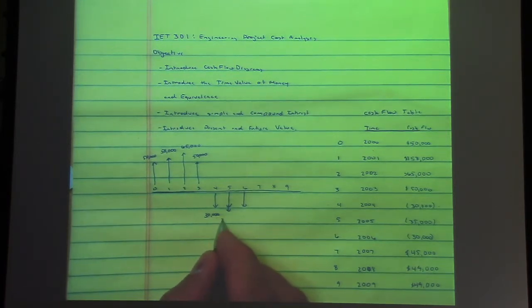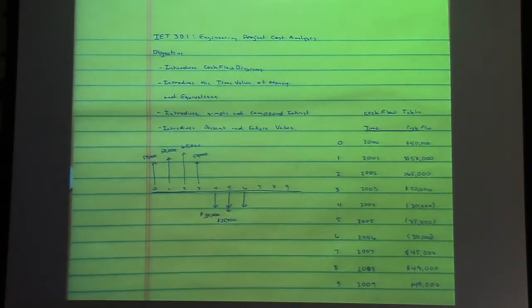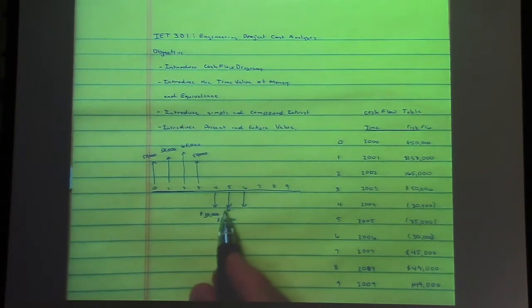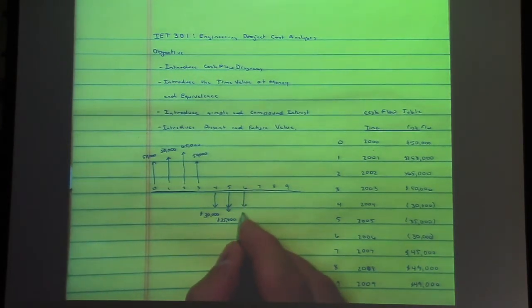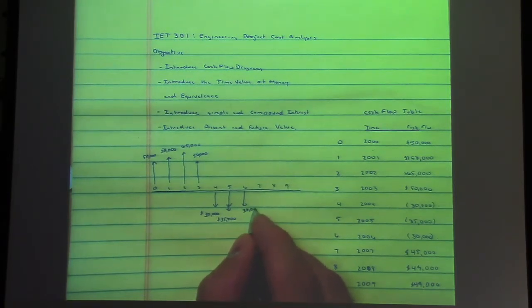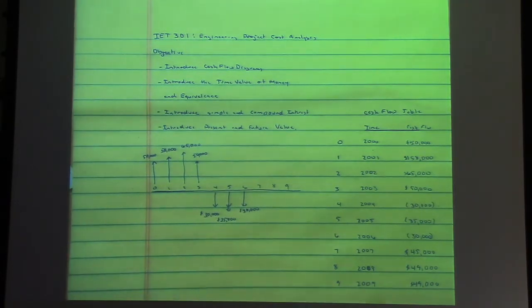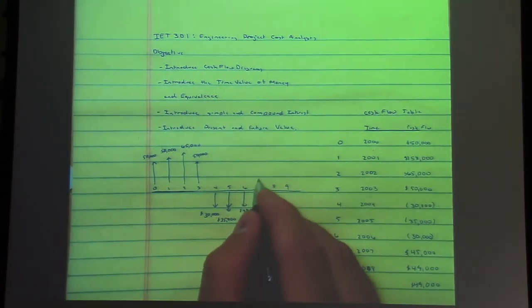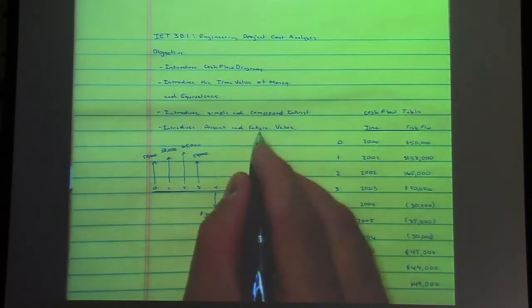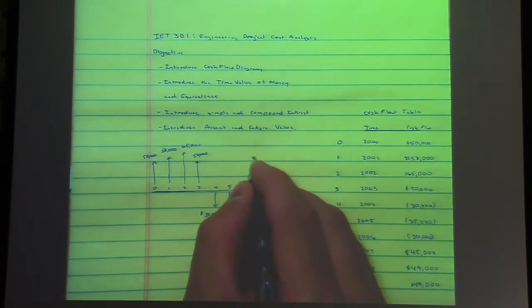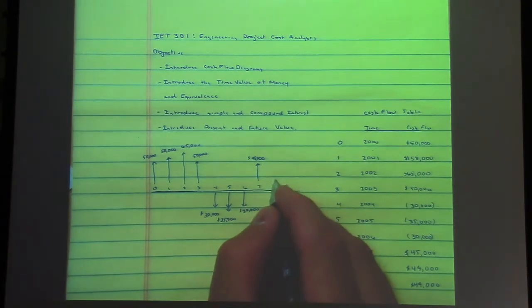For those of you that are online, moving through the material, keep in mind that I posted a number of Excel tutorials. One of the tutorials in chapter 2 specifically shows you how to create a cash flow diagram using Excel. So while this cash flow diagram is not overly sophisticated, it really does a good job of giving us a graphical sense of what's going on in this scenario.